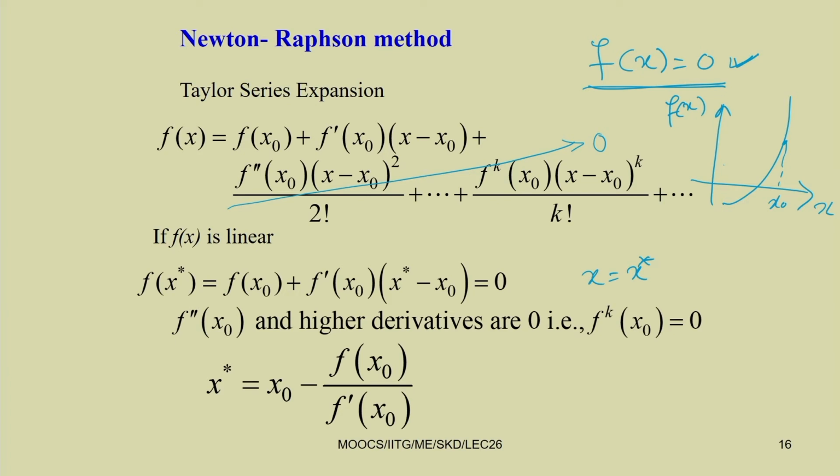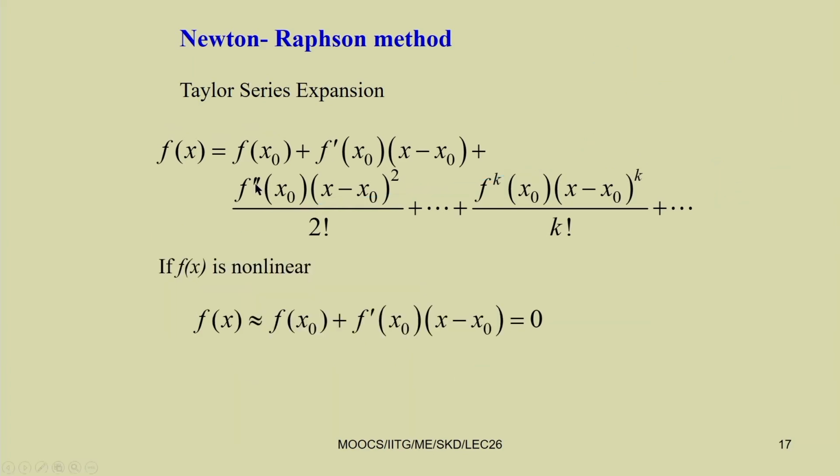Now from this we can write x* equal to x0 minus f(x0) by f'(x0). So, if we have a linear function, then the root we can obtain straightforwardly by choosing a point x0 quickly, and x* will be equal to x0 minus f(x0) by f'(x0).